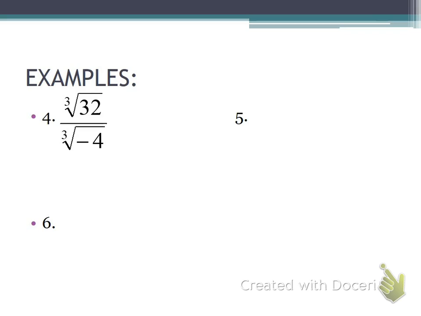First example with this property, we have the cube root of 32 over the cube root of -4. Now in this case, technically we could start simplifying the numerator if we wanted to, but what's going to be easier for us is if we take one big cube root right away of 32 divided by -4.